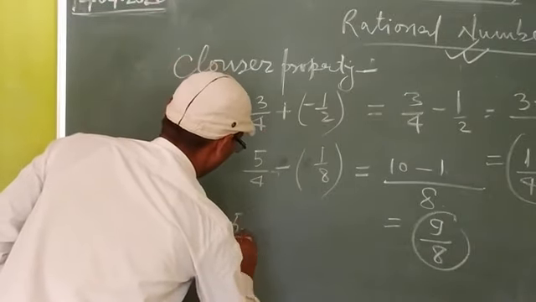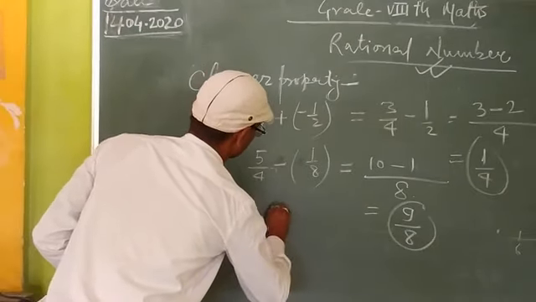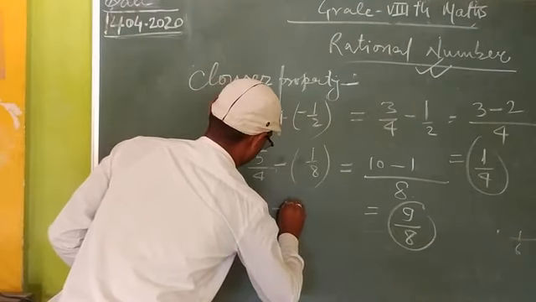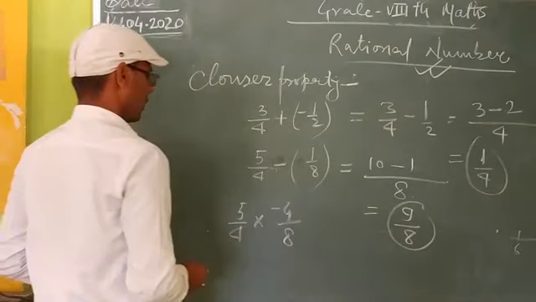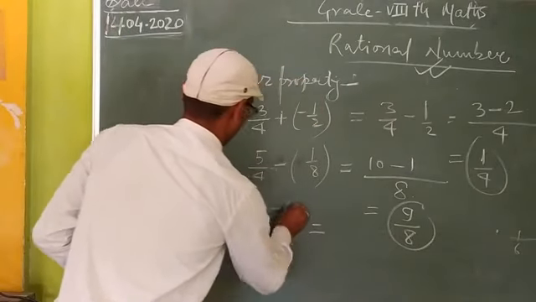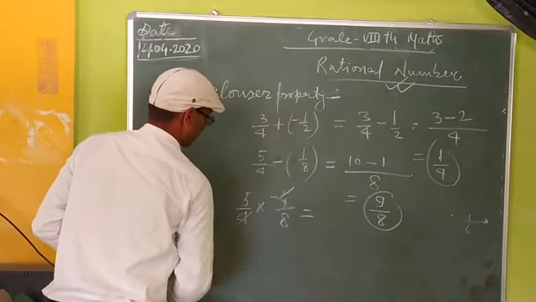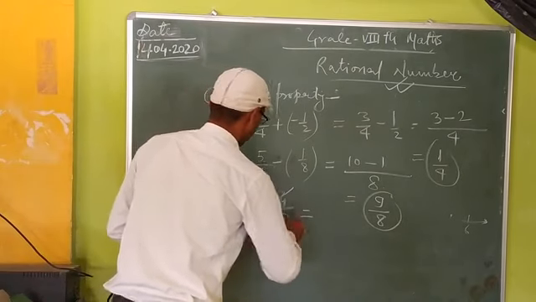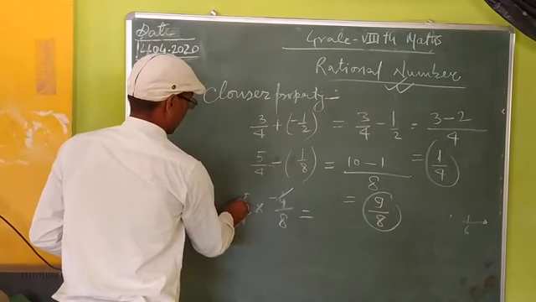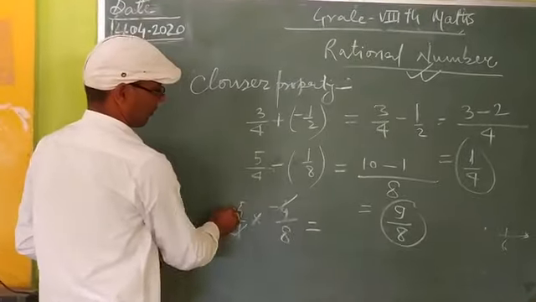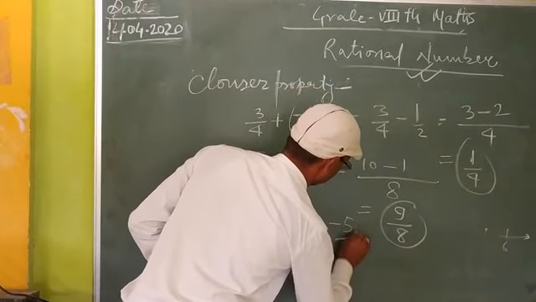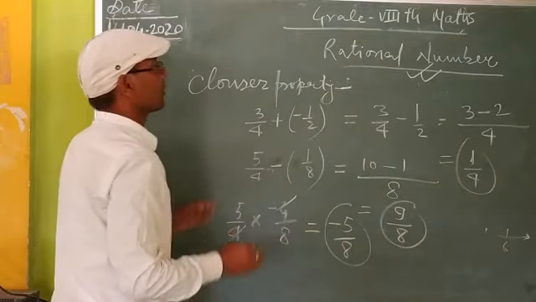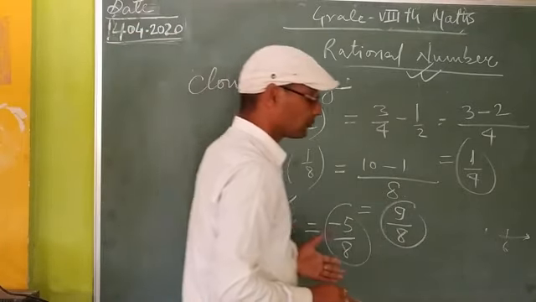Suppose 5 by 4 into minus 4 by 8. You can take any. 4 and 4 cancel, and here is a minus and the sign of 5 is a plus, so minus 5 by 8. So this is the closure property.